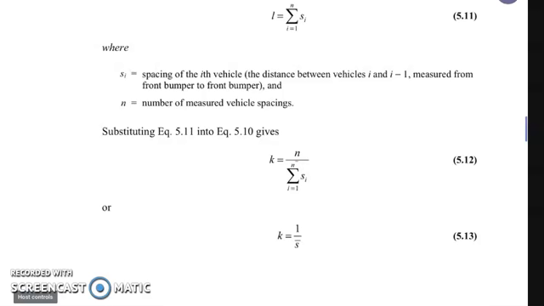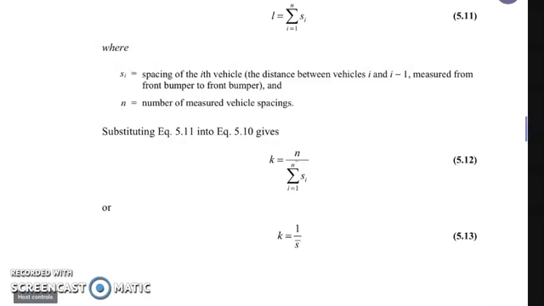As indicated by the preceding equations, the microscopic measures can be aggregated and related to macroscopic measures. Based on the definitions presented a while ago, a simple identity provides the basic relationship among traffic flow, speed, and density.